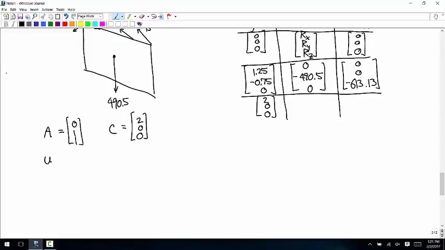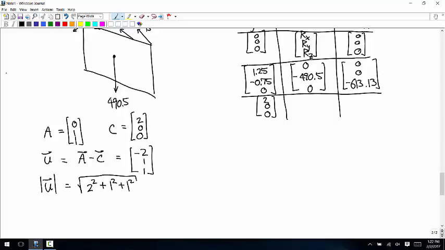So a vector in the right direction, I'll call it U, is A minus C. So that's negative 2, 1, 1. The length of that vector is the square root of 2 squared plus 1 squared plus 1 squared. So square root of 6.